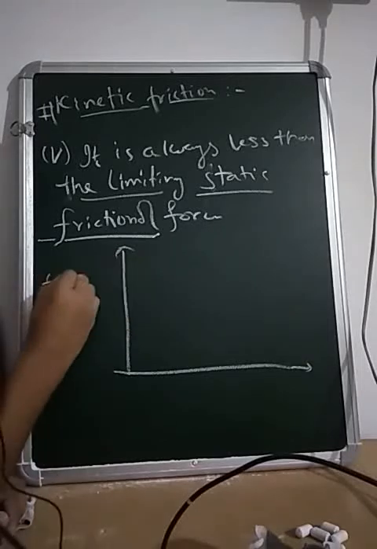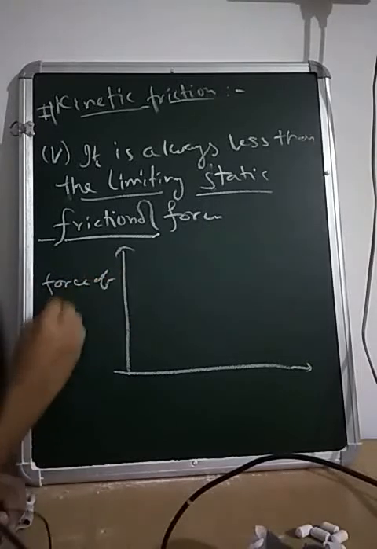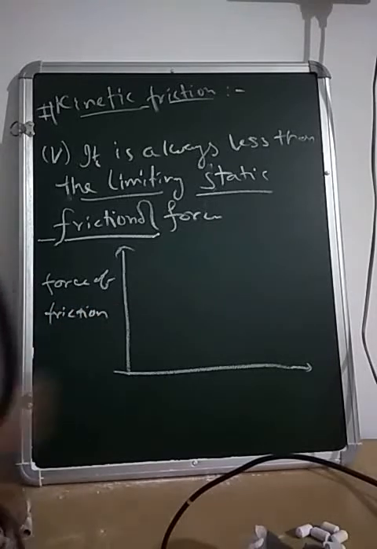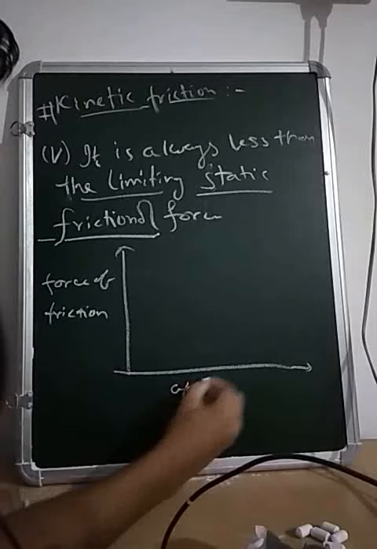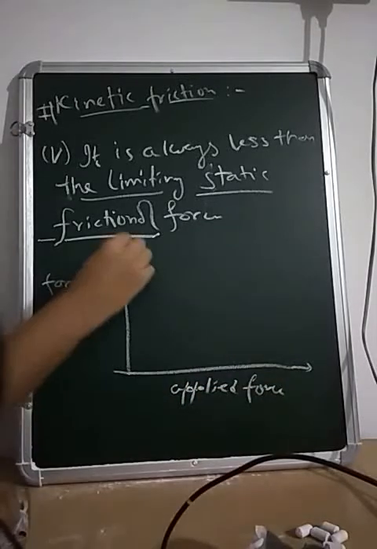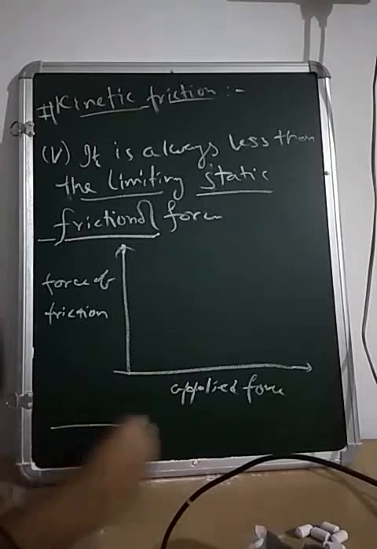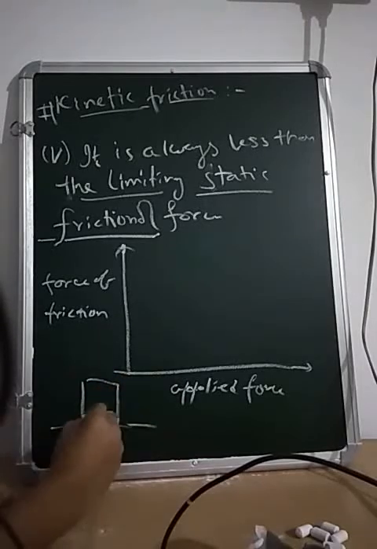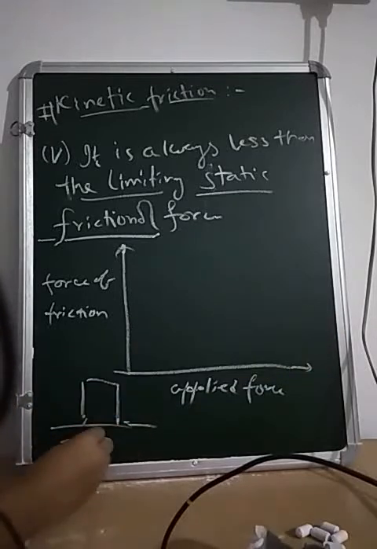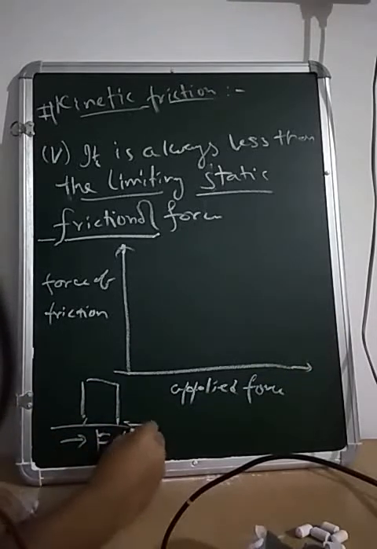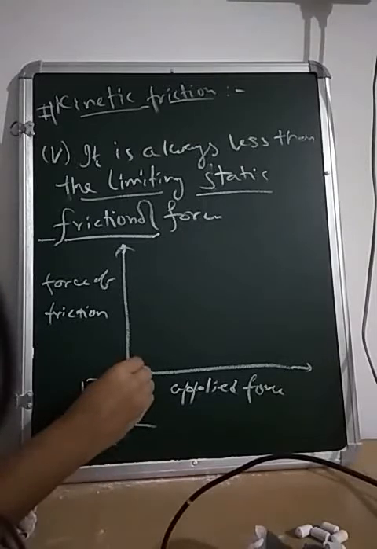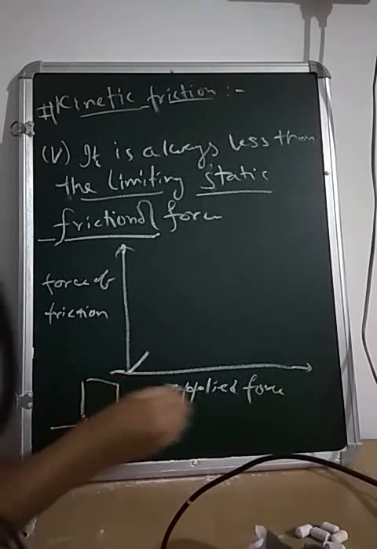in the y-axis the force of friction, and in the x-axis the applied force on a body. Suppose there is a body over a surface. You are applying force from 0 up to a certain level. What happens when the force increases?